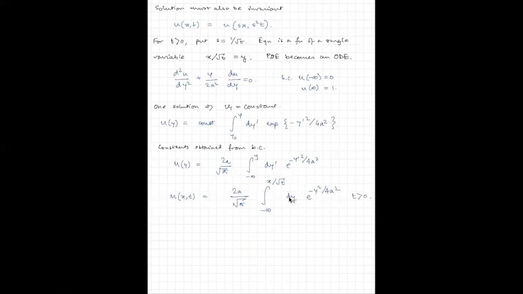So now it is important to note that there do not exist any solutions to the differential equation for t less than 0 which would satisfy the boundary condition above at t equal to 0.